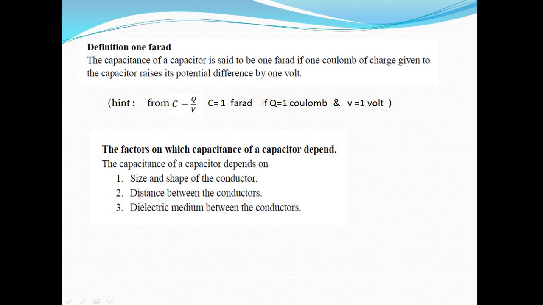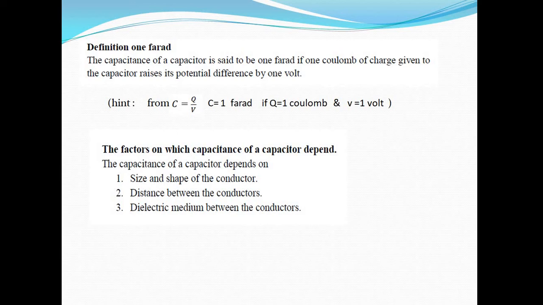And see, on what factors does the capacitance of a capacitor depend? It mainly depends on the size and shape of the capacitor. You can imagine a capacitor of any shape and size. For example, linear, one dimensional, two dimensional. A wire is one dimensional. A sheet is two dimensional. A sphere shape is again two dimensional.